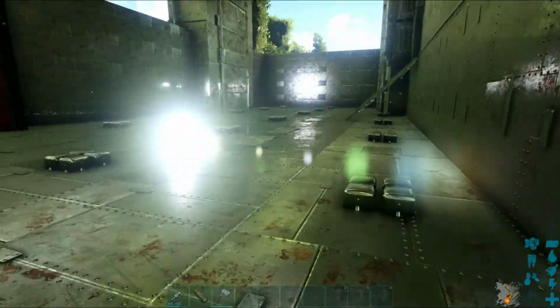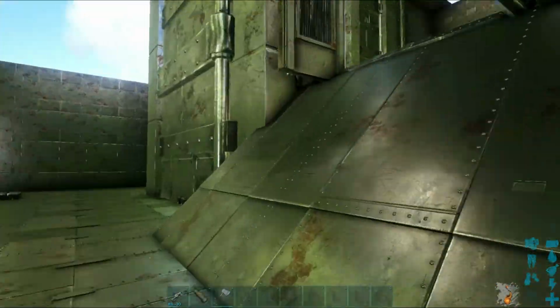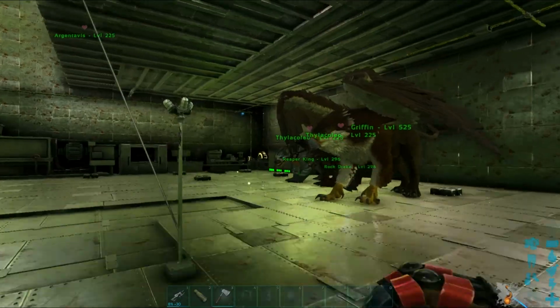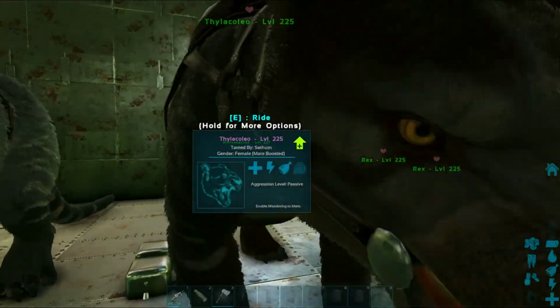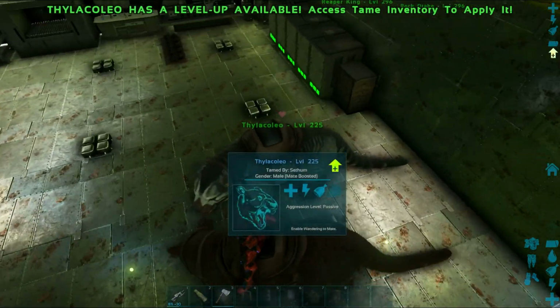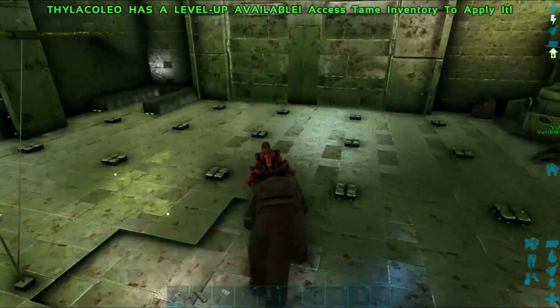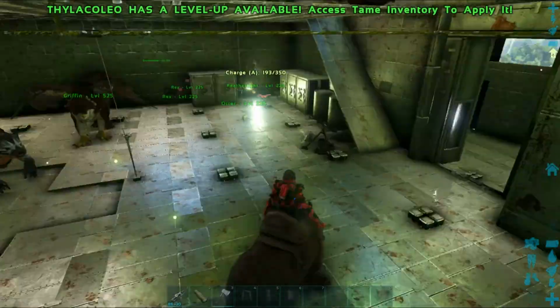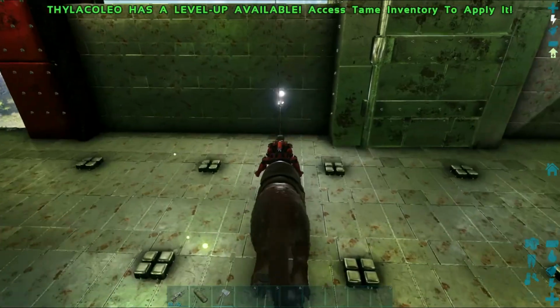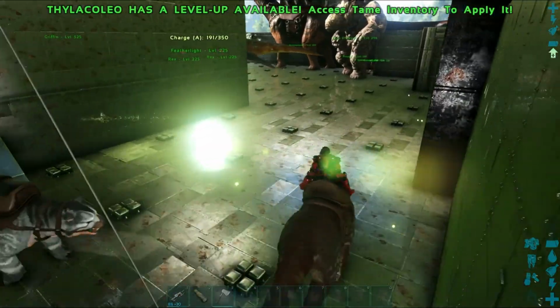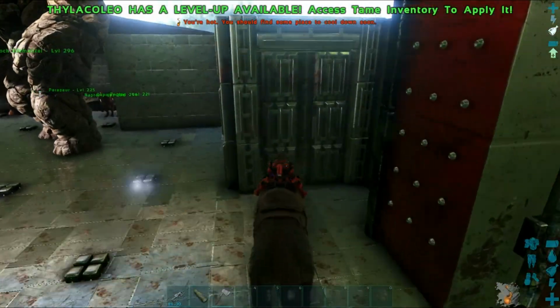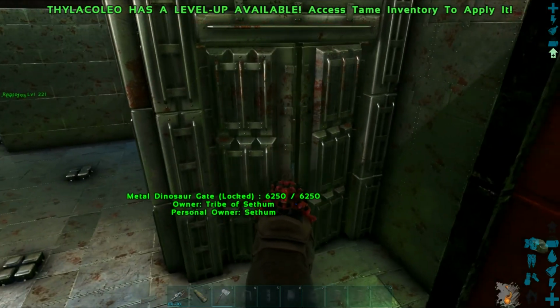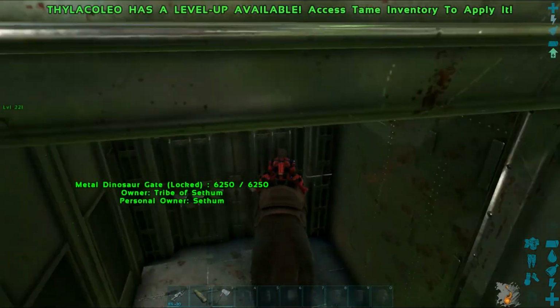So say for example, if you have got a male Rex out of breeding over and over again that has both of the high stats of the parent, you will then need a female with the exact same stats. So you will continue breeding that pair that you have with the high stats until you get a female that has had those stats transferred to it.